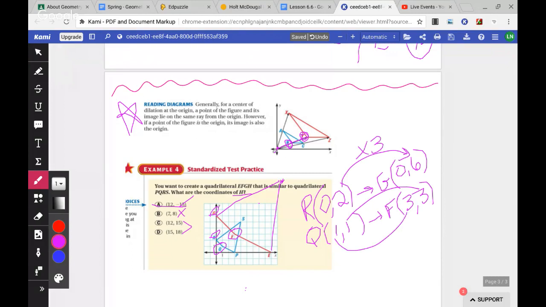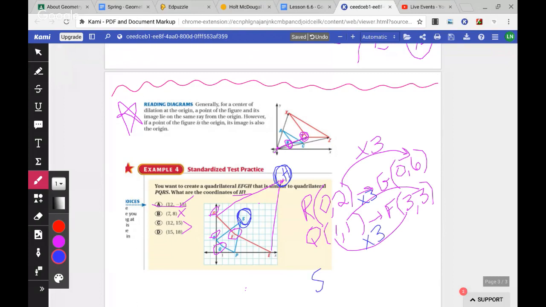And hey, look, the X's got multiplied by 3 as well. So if I want to know how S is going to change so that it can become point H over here, I need to use that same pattern that I'm multiplying by 3. 3 is my scale factor because that's what worked in my other sets of coordinates.